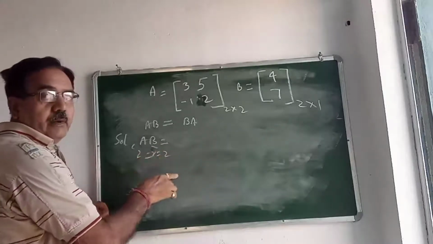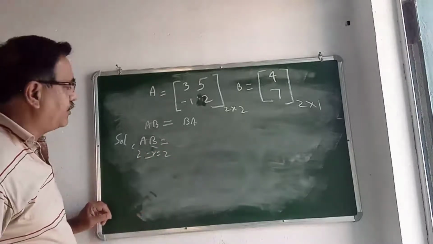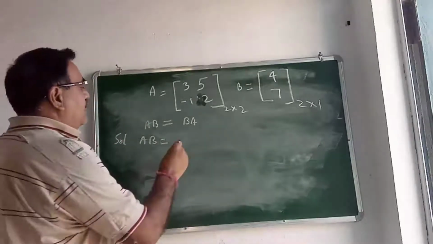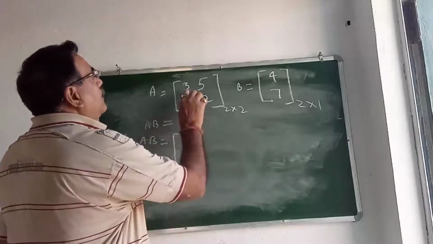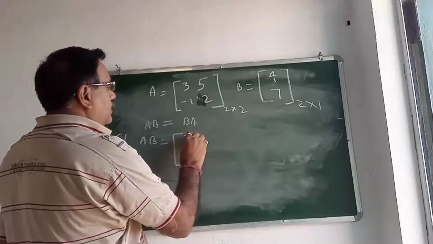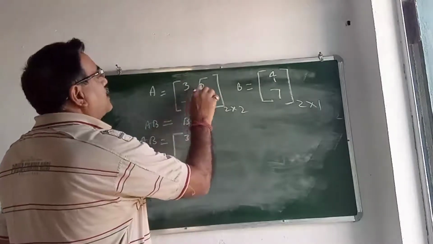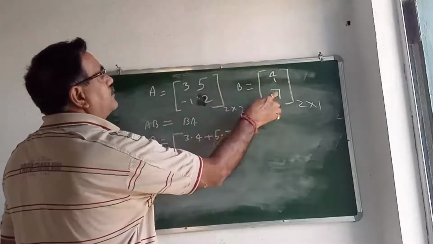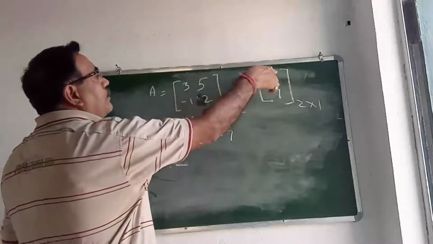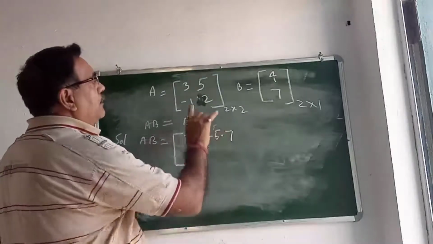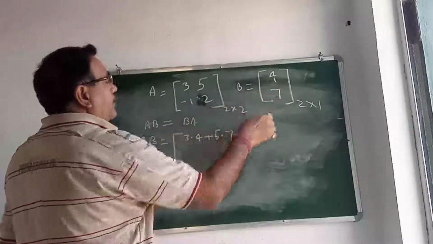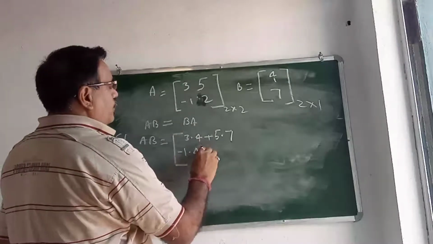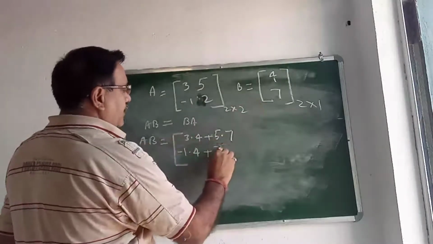So these are equal, so multiplication is possible. How do we multiply? 3 into 4 plus 5 into 7. So the first row is multiplied with the column. Now the second row you multiply with this column: minus 1 into 4 plus 2 into 7.